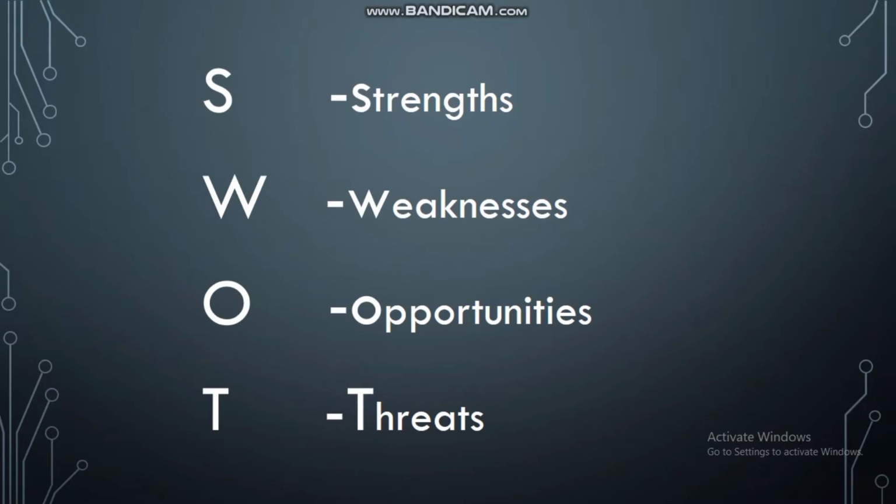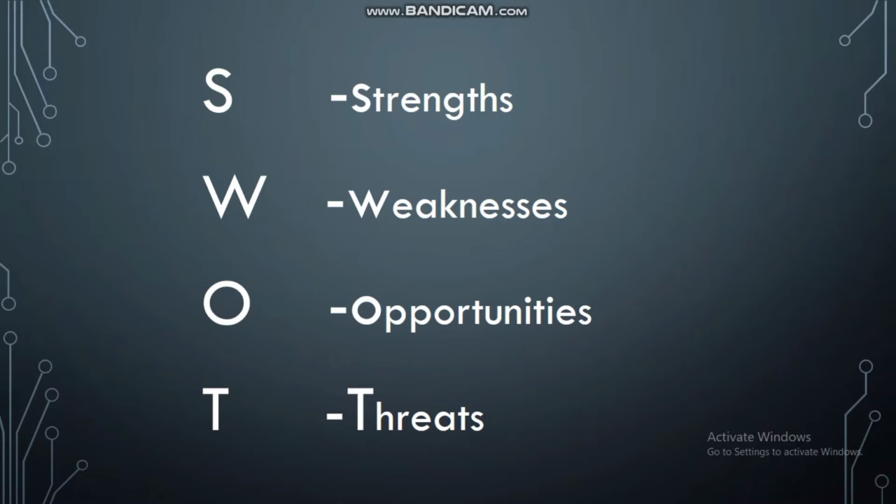S stands for strengths. It describes what an organization excels at and what separates it from the competition. W stands for weaknesses. It stops an organization from performing at its optimum level.